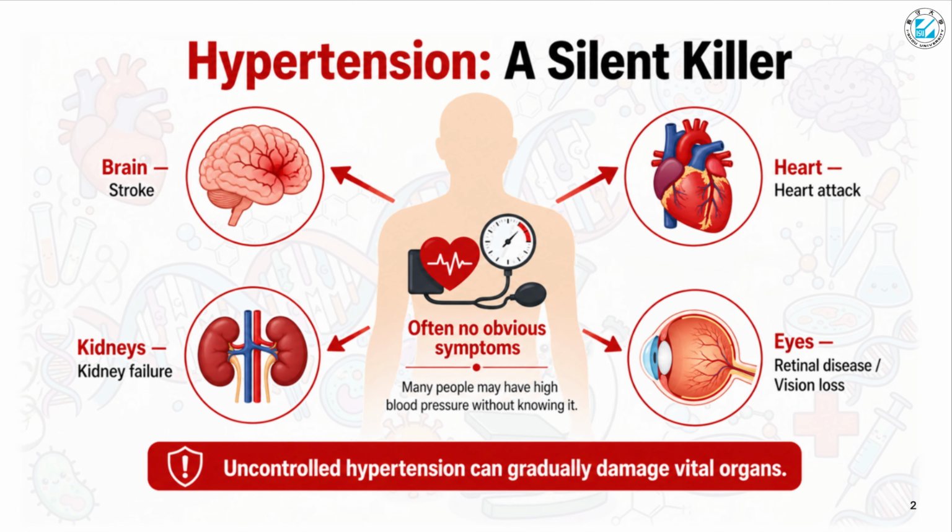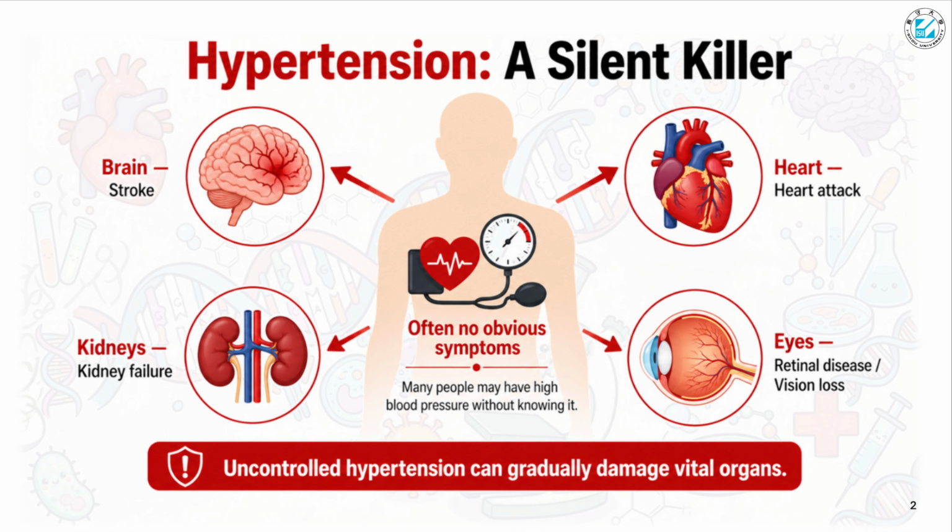In the early stage, hypertension often has no obvious symptoms. Many people may have high blood pressure for many years without knowing it. However, uncontrolled hypertension can damage the brain, heart, kidneys, and eyes.